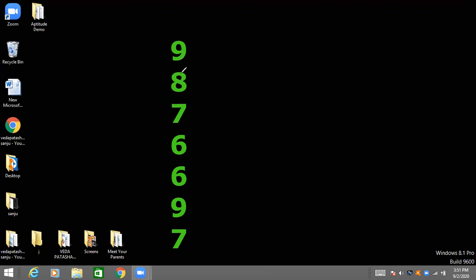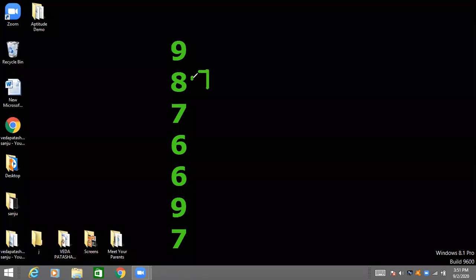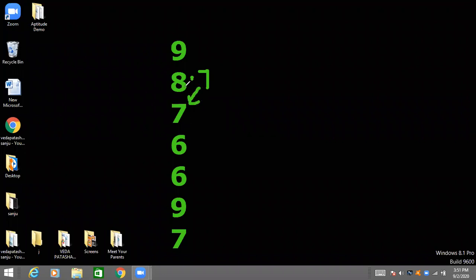So after adding 8, you get the end number. So you put a dot beside 8 and write end number 7 here. Then we need to add this number to the next number, not 8 to 7, because here the dot represents 10 and 7, total 17. That is nothing but 9 plus 8 is 17.